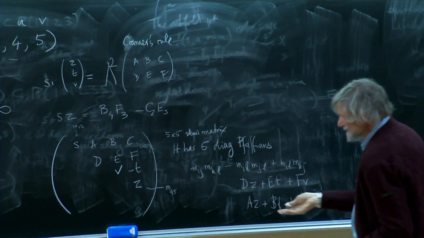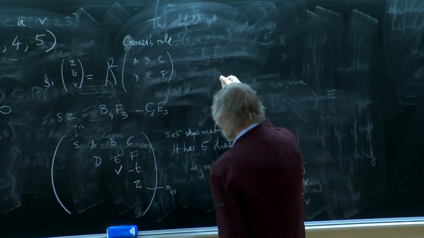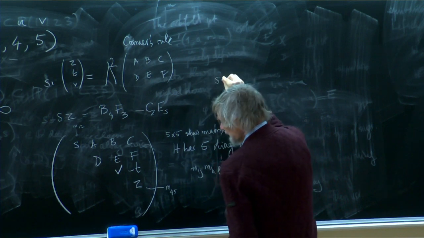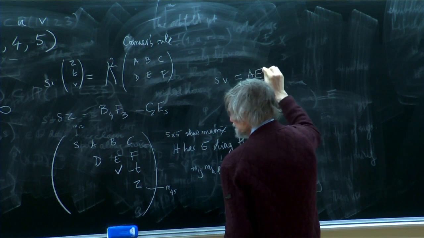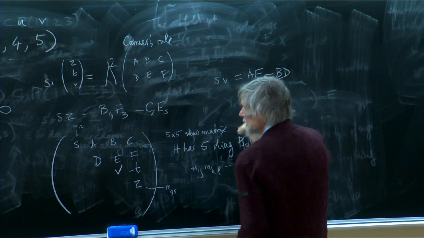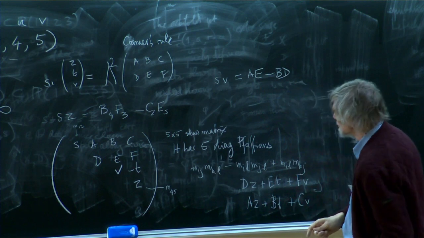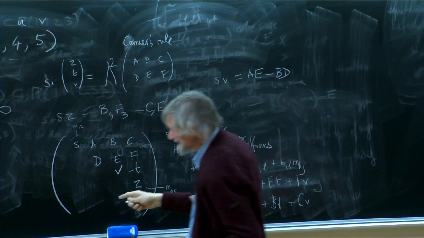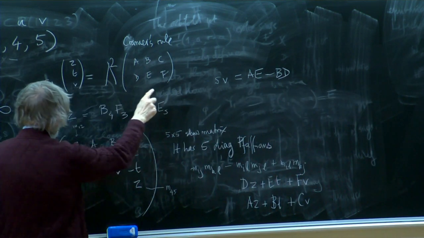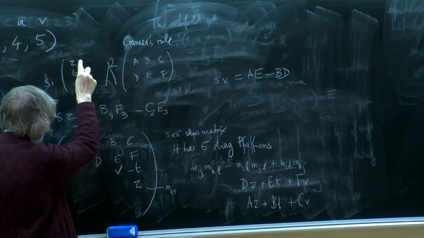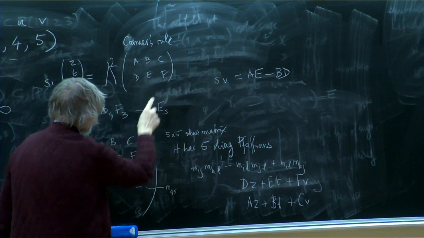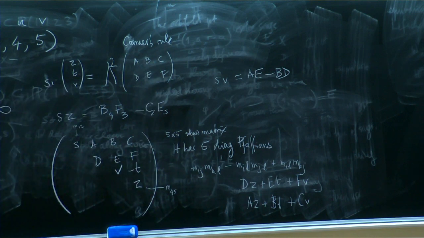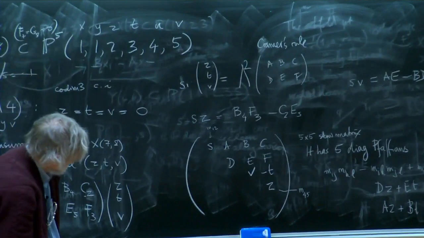Yes, and then there are 3 new equations, and the 3 new equations say that S times V equals AE minus BD. And that's exactly these equations. It's saying that S times Z and T and V in turn are the 2 by 2 minors of this matrix.